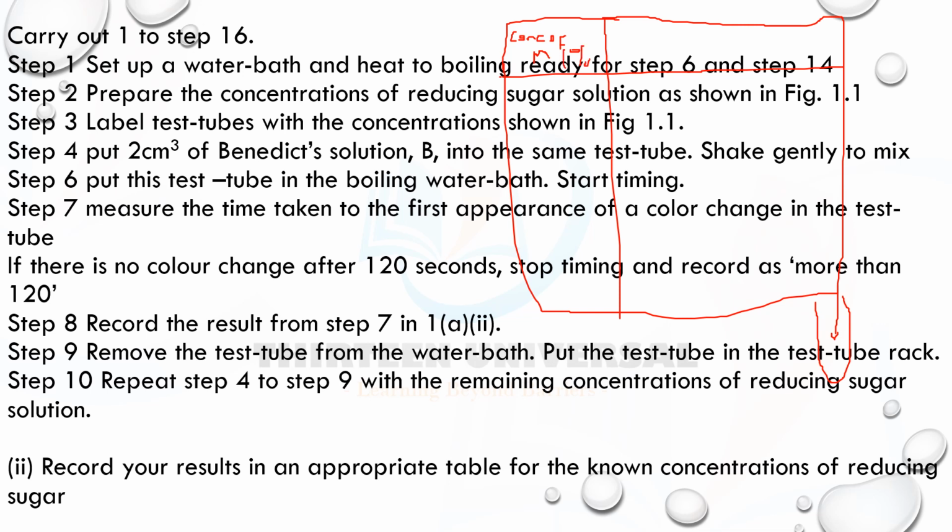So you have to put unit there, and this is time for color change. Time for first appearance of color, and that time is in seconds. You must put unit. Now, it's also good if you do the first trial, second trial, and find the mean. Look at it. So this is our first trial.